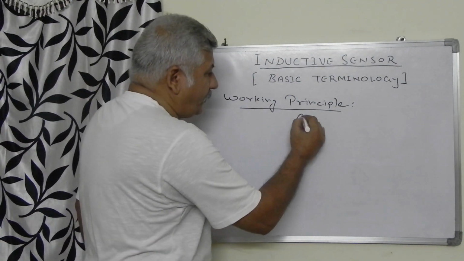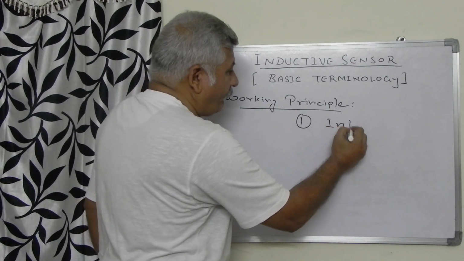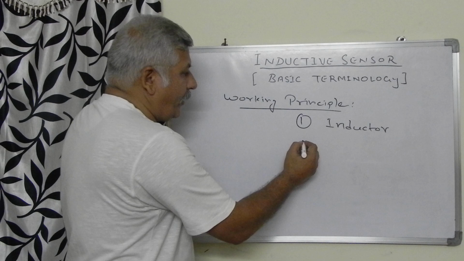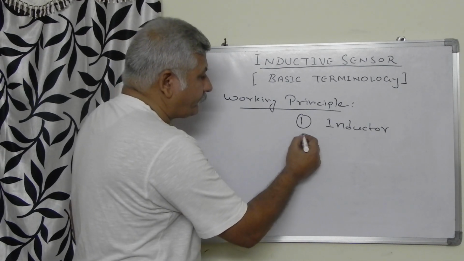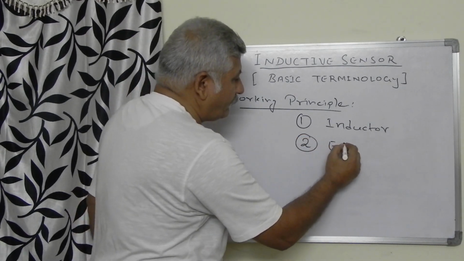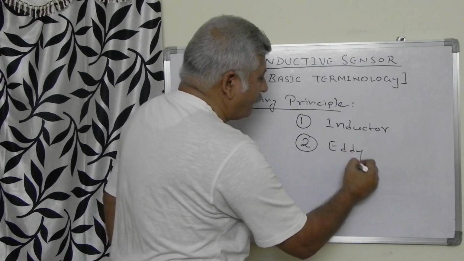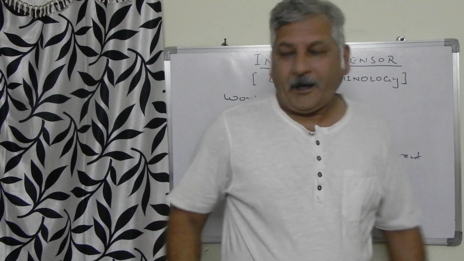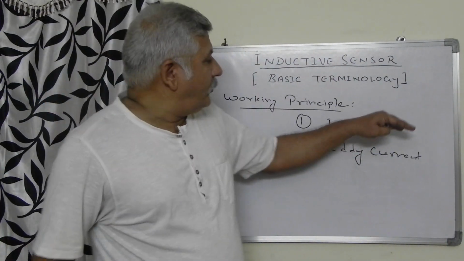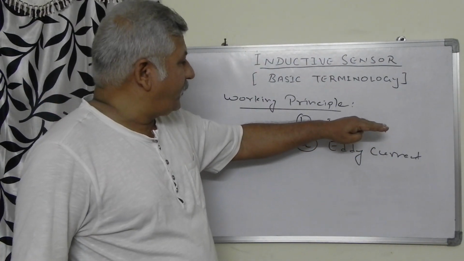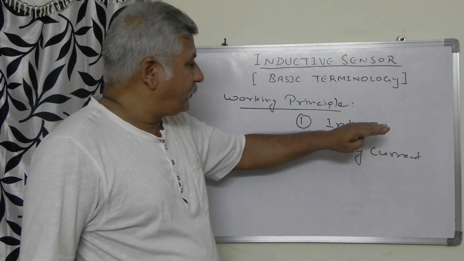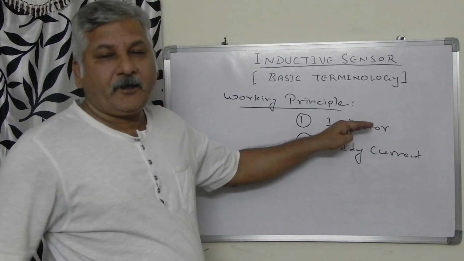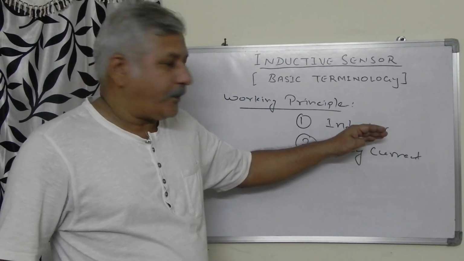One, it is based upon inductor and eddy current. So on the basis of the principle of inductor, on the basis of the principle of eddy current, the working of inductive sensor can be explained.